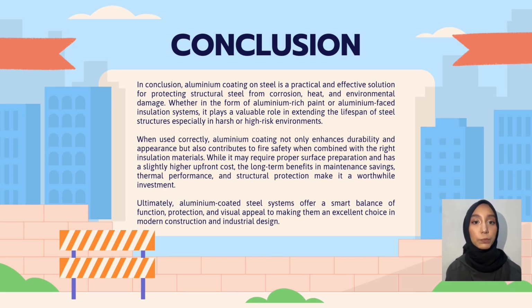When combined with proper insulation materials, aluminium coating can also improve fire resistance, giving extra time during emergencies. Although it may require proper surface preparation and comes with a slightly higher upfront cost, the long-term benefits such as reduced maintenance, better thermal performance, and strong protection make it a worthwhile investment.